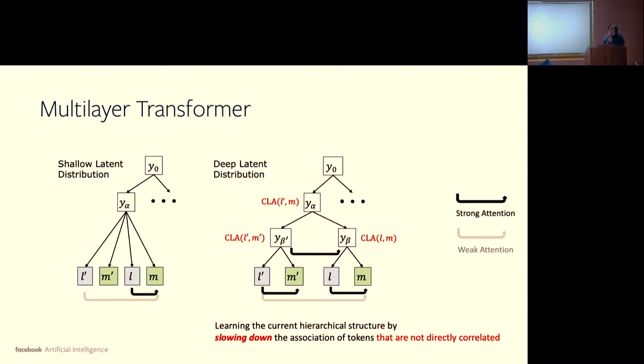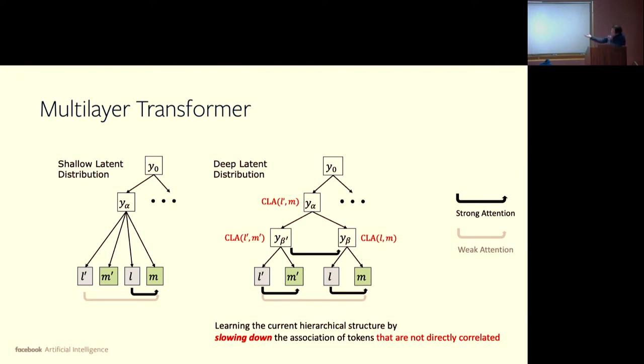Because they first learn these two, you automatically and implicitly build a hierarchy that can later be combined in the top layers. So you avoid learning M and L prime, which may co-occur a little bit, but whose co-occurrence is not important and can be learned indirectly by the hierarchical learning. That gives you the intuition for why transformers should learn the features in this way.